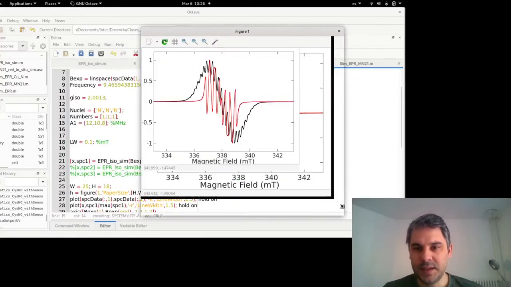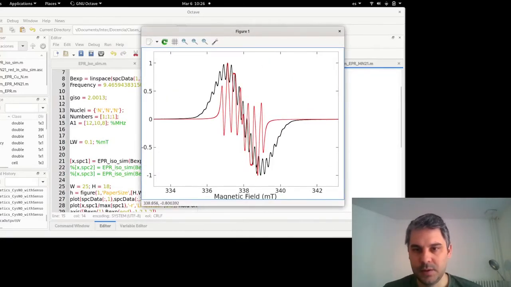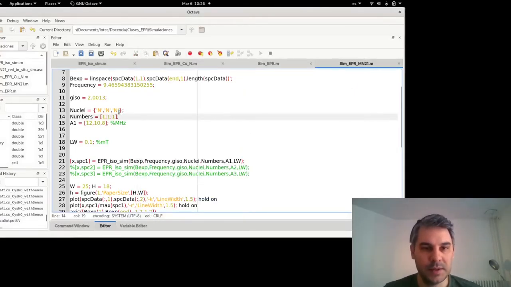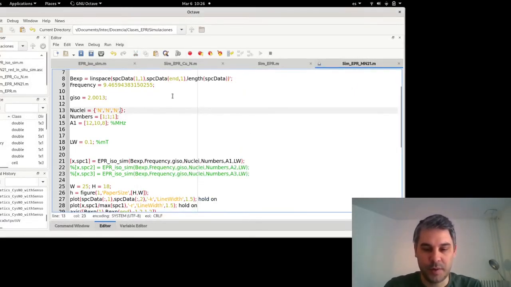So we can see here that we are missing a lot of resonances. The nuclei we have seem to be not enough to describe the experimental spectrum. So I happen to know what the values are, and I know that I have several hydrogens. So I'm going to add different groups of hydrogens. So 3 more hydrogens.